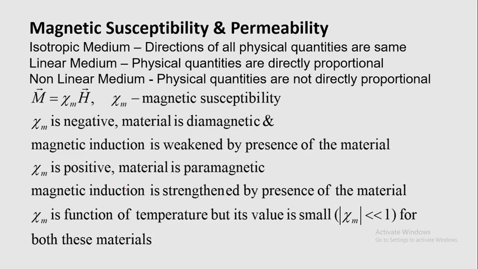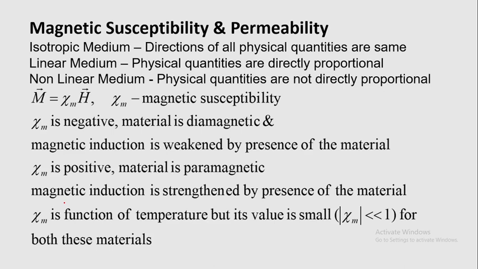That means when it was brought in contact with the bar magnet, it got magnetized, and when it was taken away, that magnetism was retained. So permanent magnetization is there only for ferromagnetic material and not for diamagnetic or paramagnetic material.